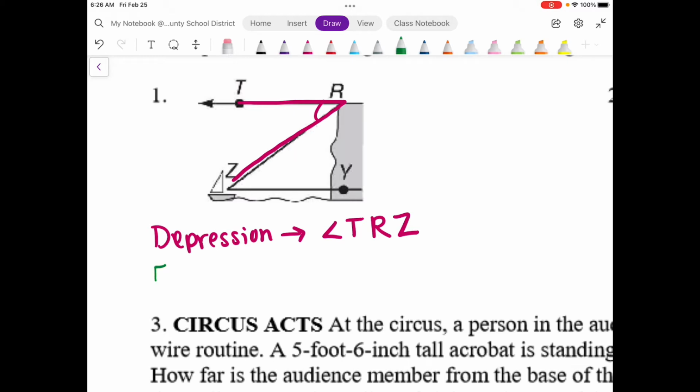And then my angle of elevation, okay, it's the one going from the bottom, so starting at Y, going towards Z, then up to R. So angle Y, Z, R. Okay, that's the difference. So depression starting from the top goes down. Elevation starting from the bottom goes up.